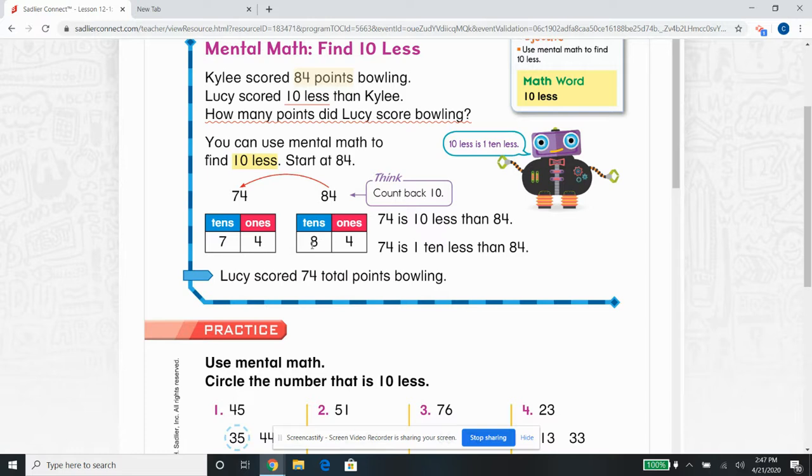So I want them to know that we're only going 10 less. So if you go 1 back from this number 8, you're going to get 7. So your new number will be 74. Again, 74 is 10 less than 84. So that means that Lucy scored 74 total points bowling.